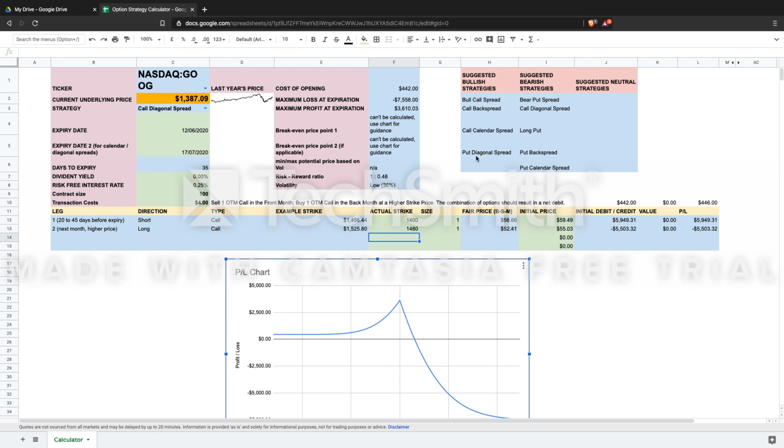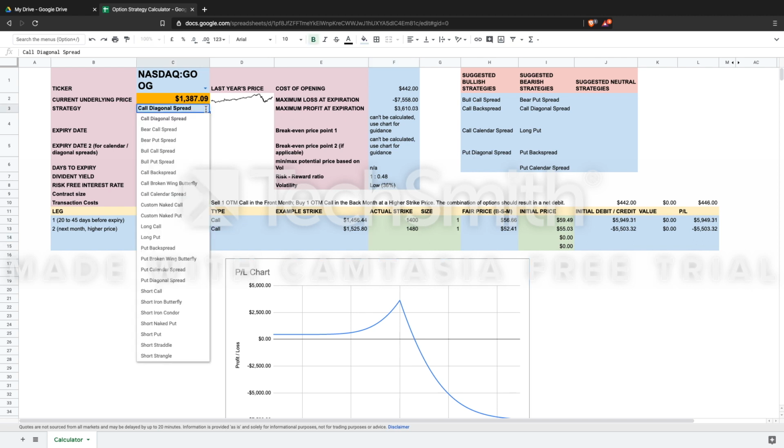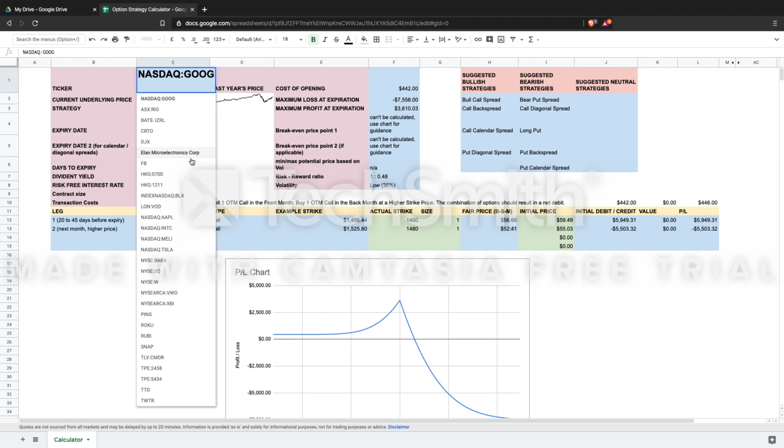So that summarizes a little bit the tutorial. There's many other options that you can explore in here. I've got a few stocks as well that you can explore.